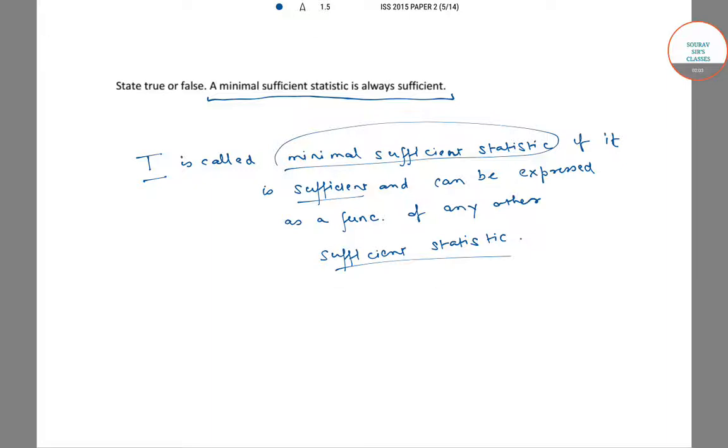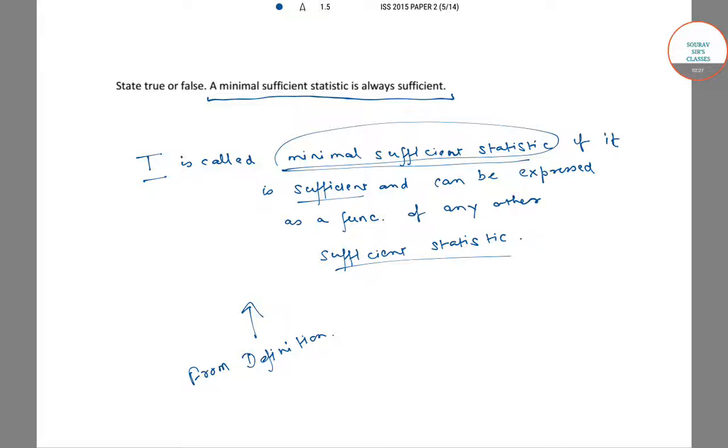So from this definition, we can say that the minimal sufficient statistic has to be a sufficient statistic as well.